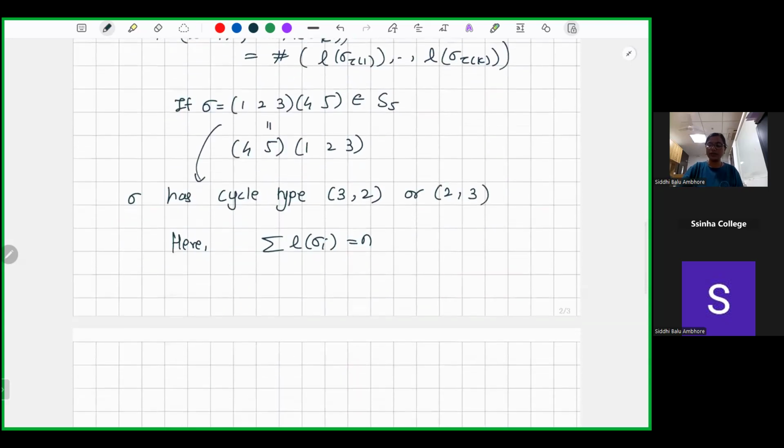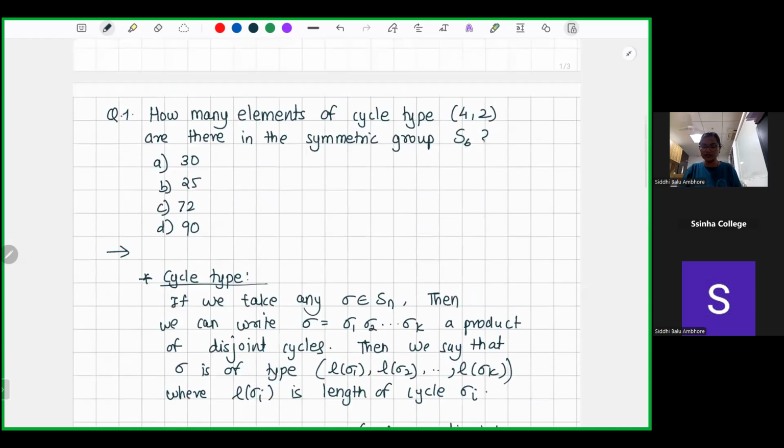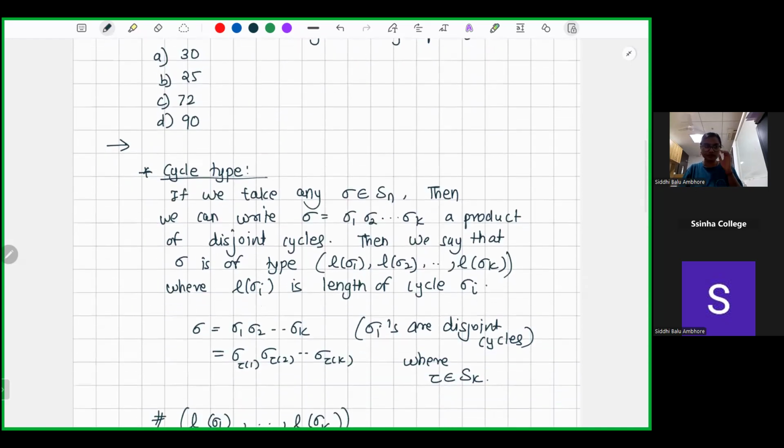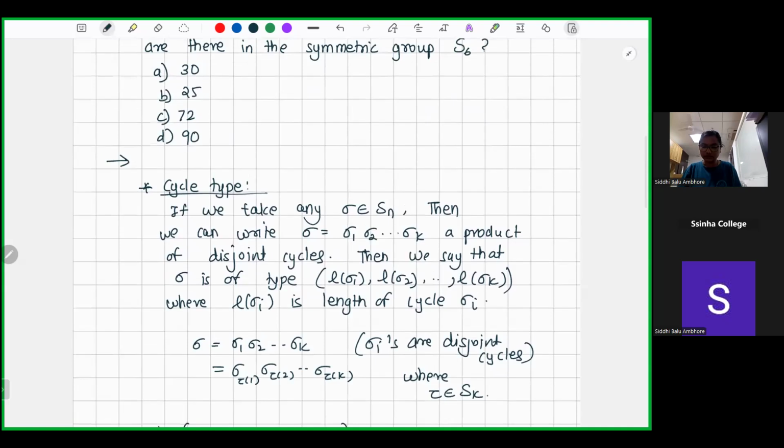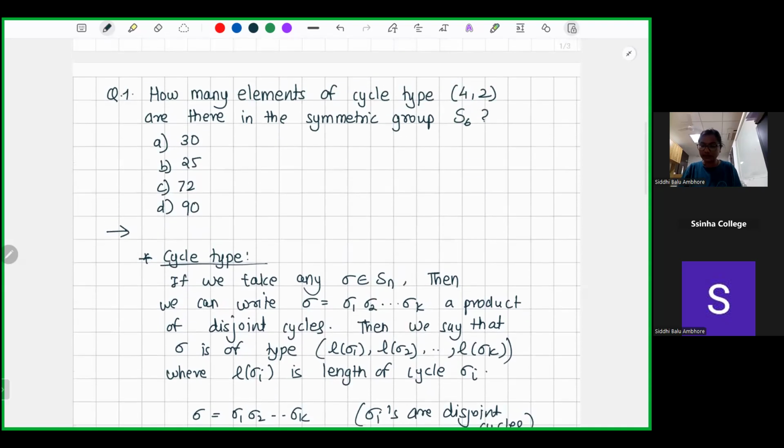Here, this is a 2-cycle and this is a 3-cycle, so 2 plus 3 is 5, as we are considering sigma in S5. This is the basic definition I wanted to discuss here.